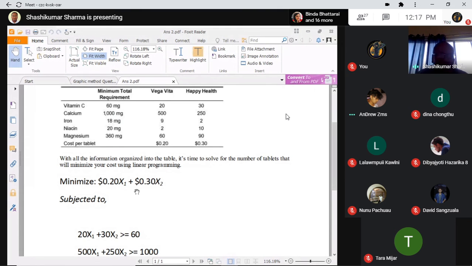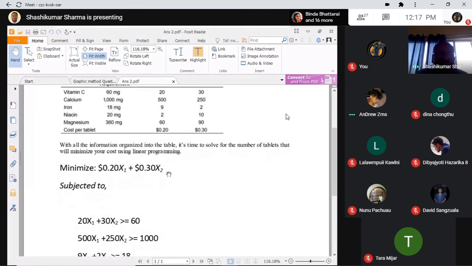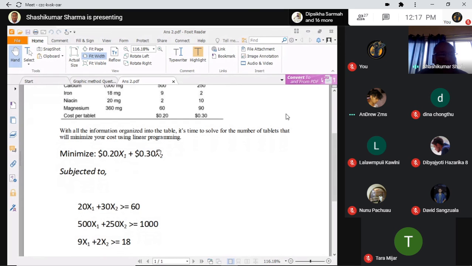Similarly, the second equation that you have is 500 X1 plus 250 X2 is greater than or equal to 1000 milligrams. The third one is iron, which is 9 X1 plus 2 X2 is greater than or equal to 18.